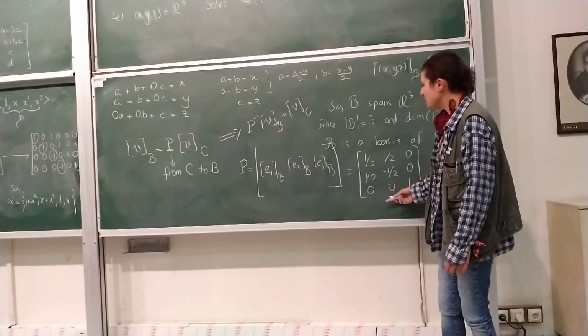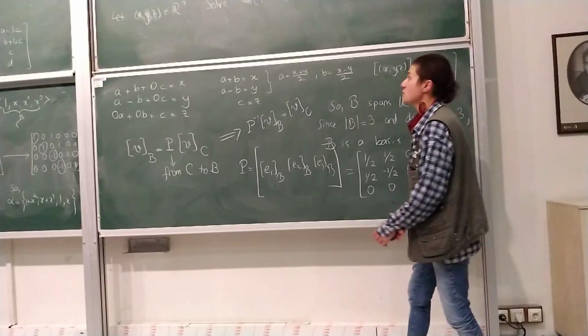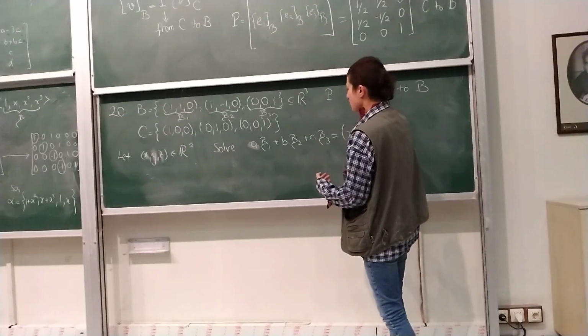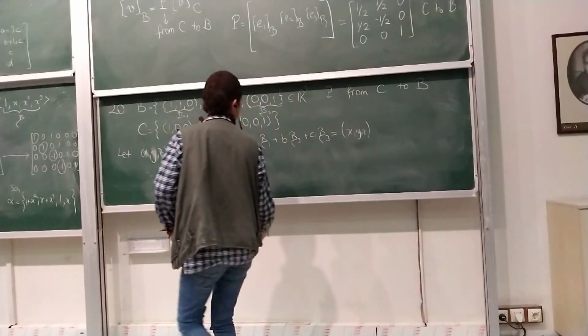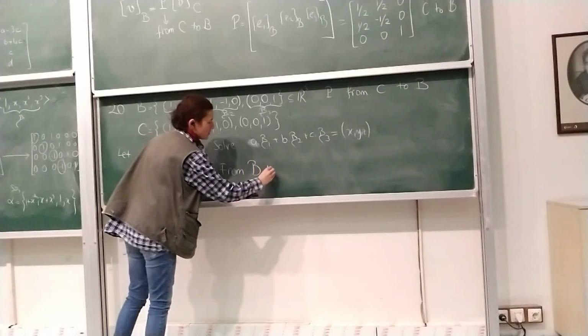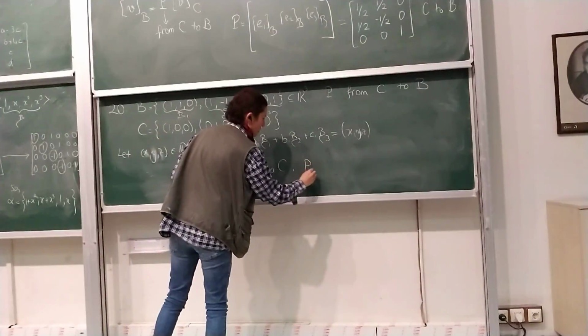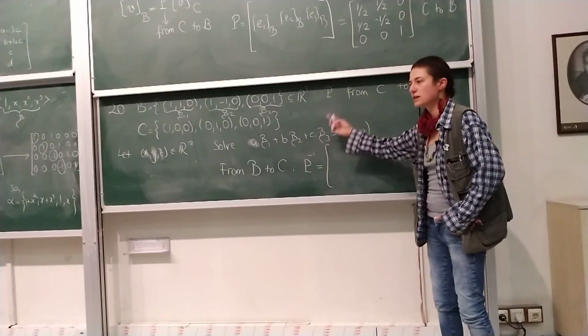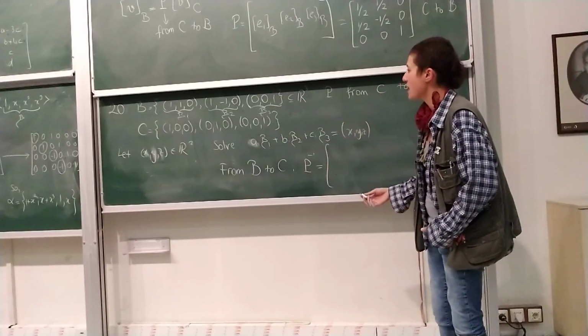Or I can directly find the inverse of this matrix to use. How do I do that? Let us go from B to C immediately. P inverse actually will be this, but you can name it some other thing, you can call this Q, it doesn't matter.